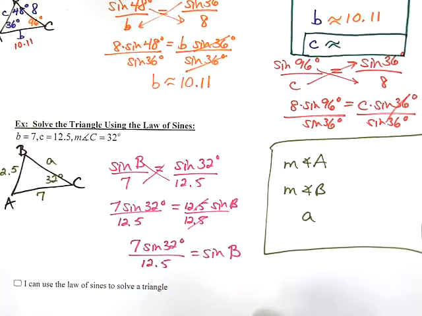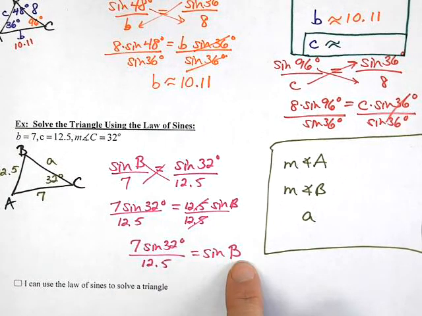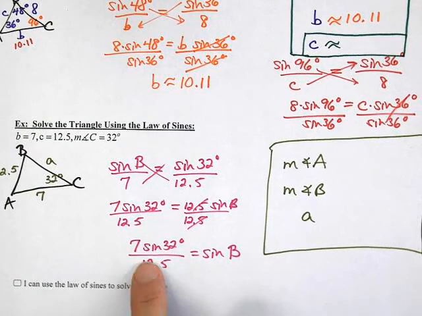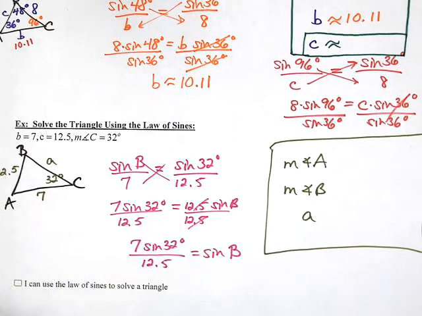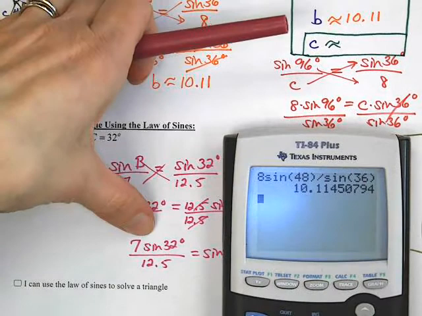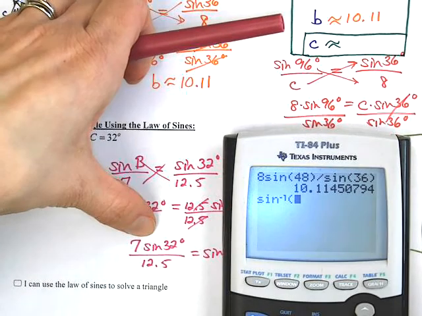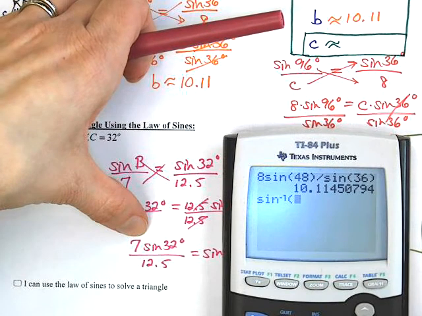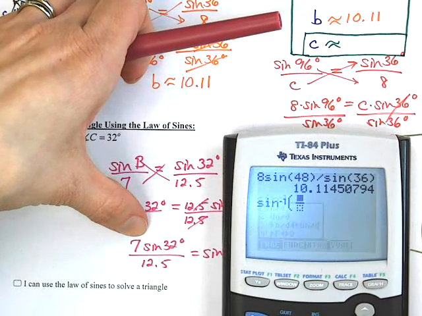How do we find a missing angle? I know that this is a number over here, and this says sine of angle B. That's right, we have to do inverse. We have to do inverse sine to this number. So the first thing I'll do is type inverse sine, and then maybe what I'll do is the alpha y equals, go get a fraction.